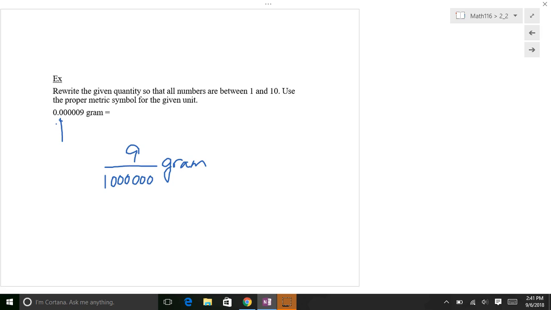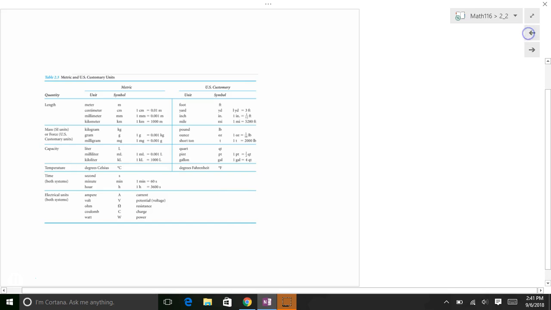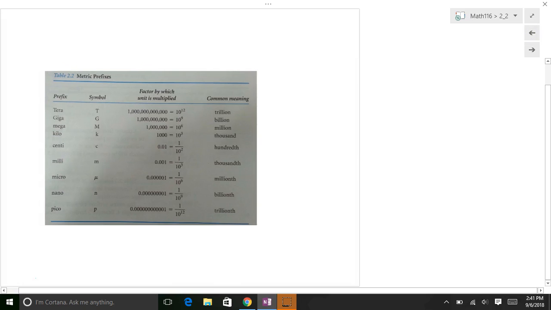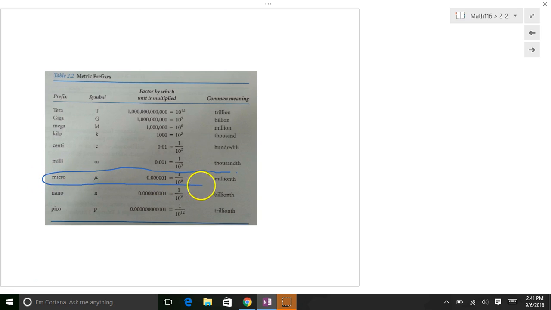What we're looking for is millionth; that's the key here. With the 9 millionths, we're taking the 9 and dividing it by a million, 9 divided by 10 to the 6th, if you will.